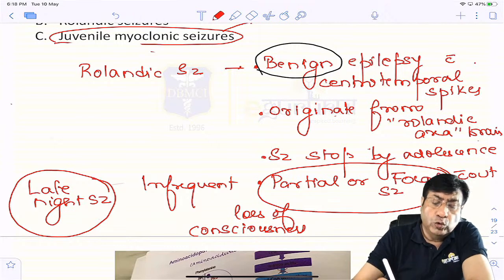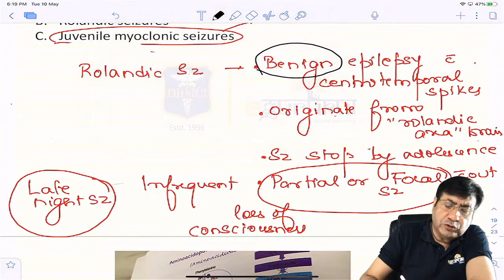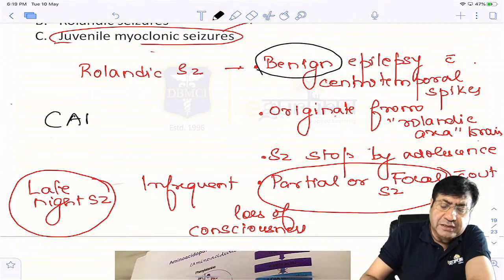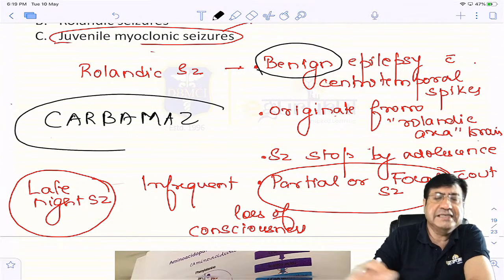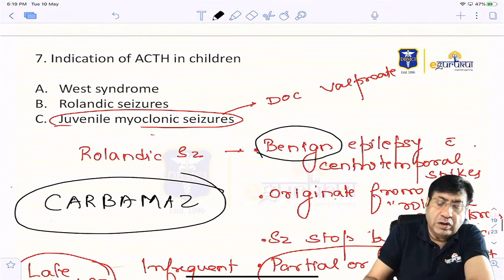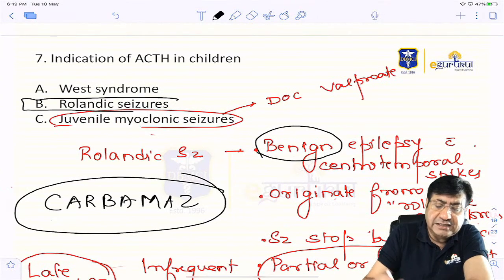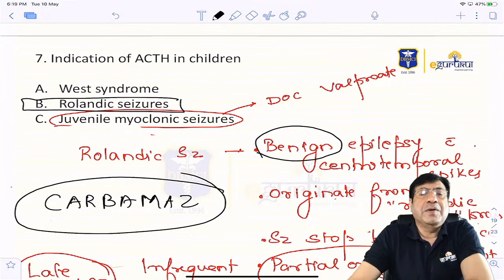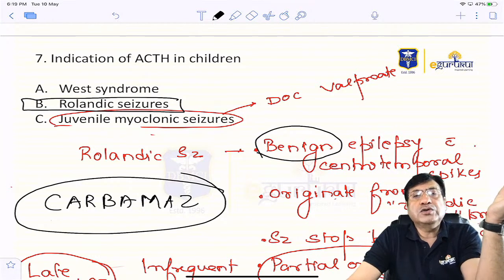And in case you do need to give treatment, then the treatment of choice usually will be carbamazepine, because these seizures are focal seizures. That is why Rolandic seizures should be treated with carbamazepine, which often has been the frontline drug for the treatment of focal seizures. So for Rolandic seizures, you use carbamazepine.